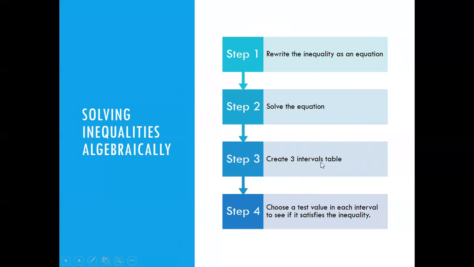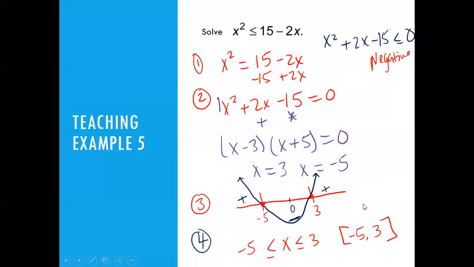We created 3 intervals table. And we chose a test value in each interval to see if it satisfies the inequality. I could have taken 4 and plugged it in and realized it would have been a positive. But I like to just, if 0 is available, guess what? Okay.